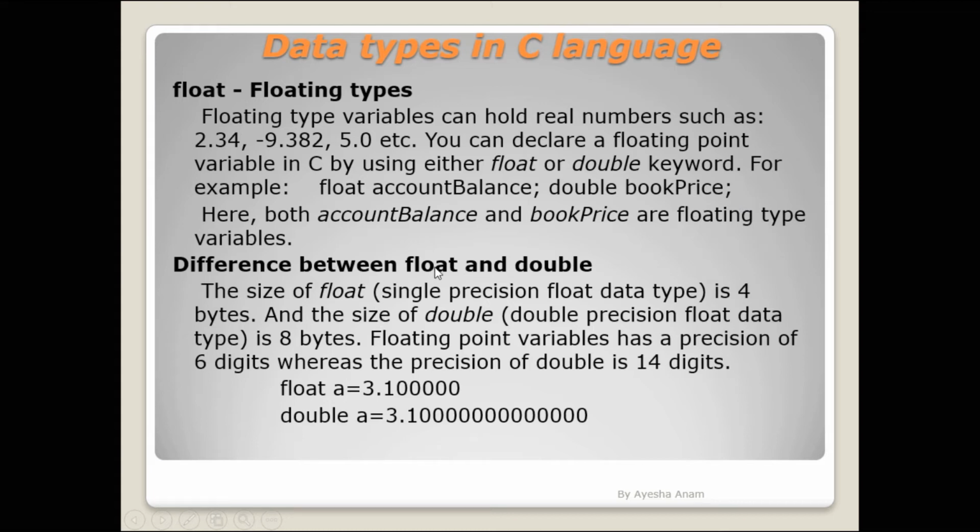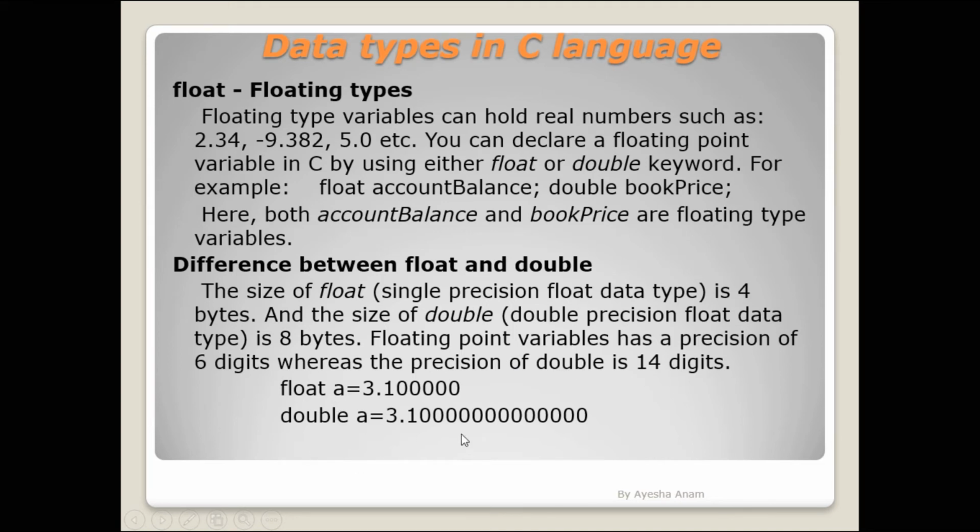Then what is the difference between the float and double data type? First of all, our first difference is float takes 4 byte whereas double takes 8 byte in size. And when floating point variable is declared with float, then it takes the precision of 6 digits, whereas double type of data type takes the 14 digits precision.